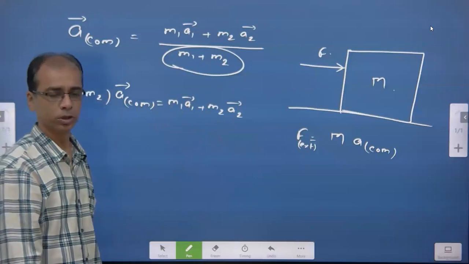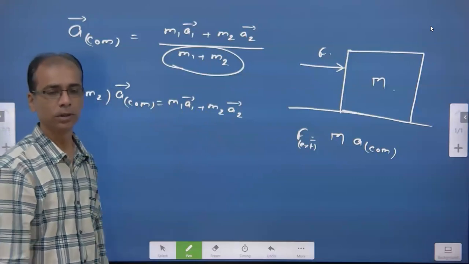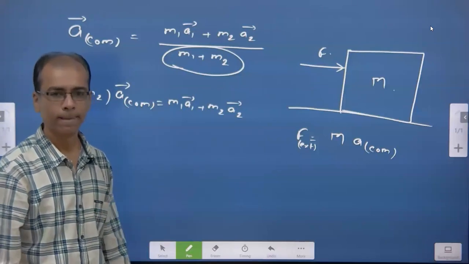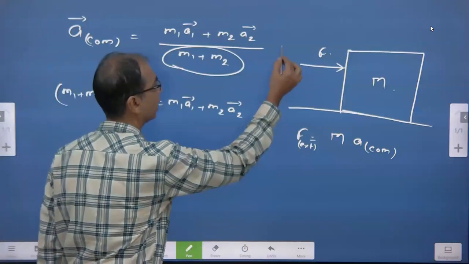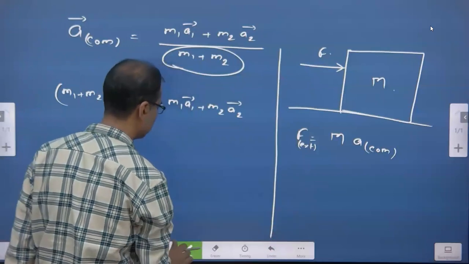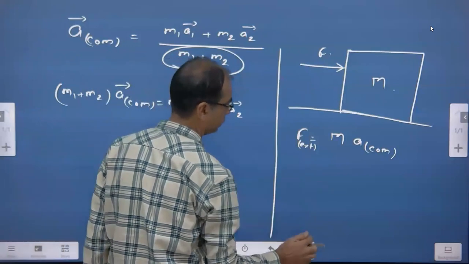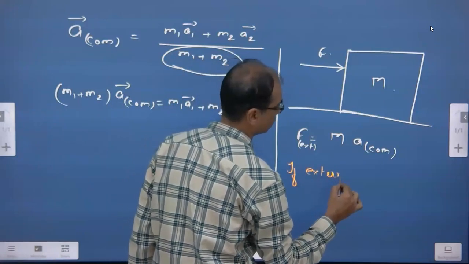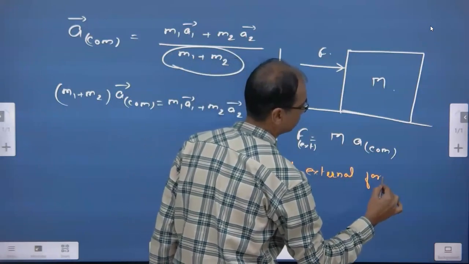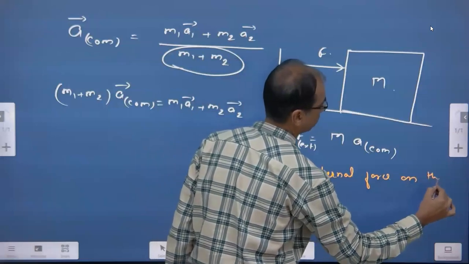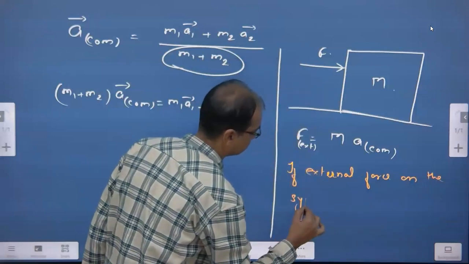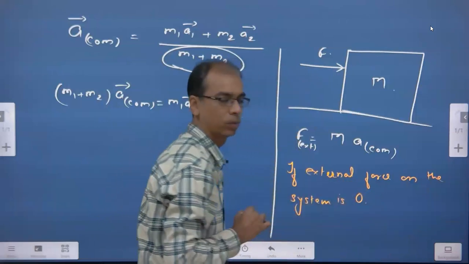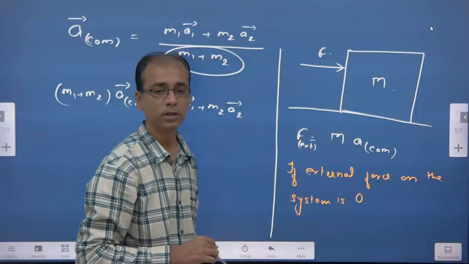But suppose there is no external force acting on the system. If external force on the system is zero, then what will be the acceleration of center of mass?